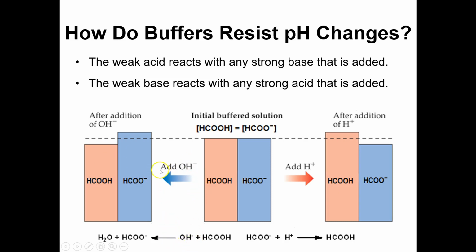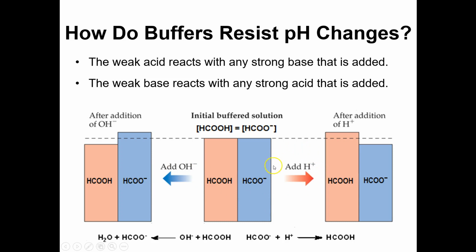After I added hydroxide, it simply reacted with the acid. And so the ratio of the two is not the same as it is here, so the pH will change a little bit, but fundamentally what I still have is a solution of a weak acid and a weak base with none of the hydroxide left.